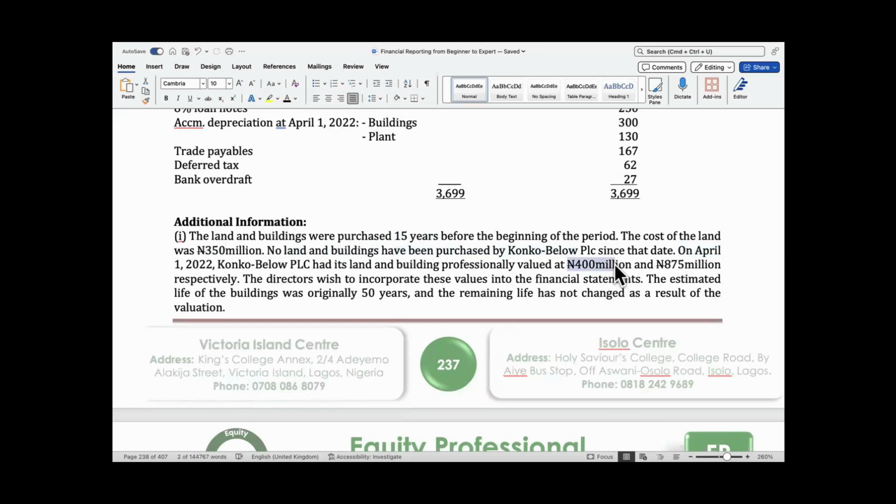The land 400 million, the building 875 million. Kokum Below had its land and building professionally valued at this respectively. Since they said respectively, that means these figures are in the order of this description. So the 400 million is for land, while the 875 is for building.